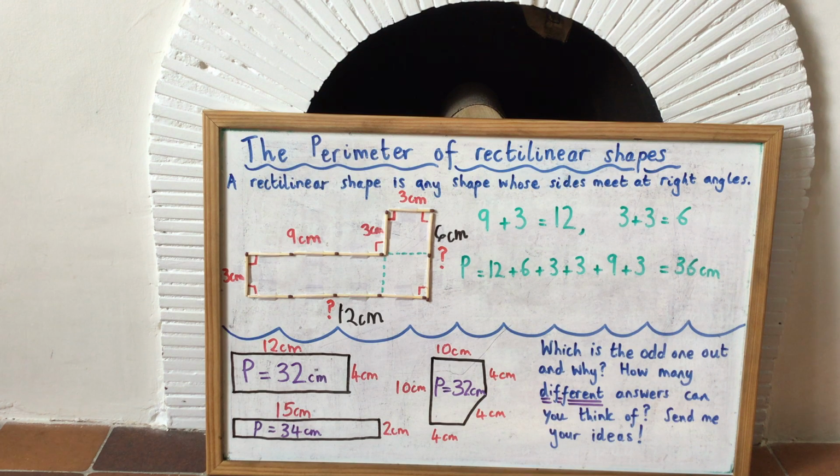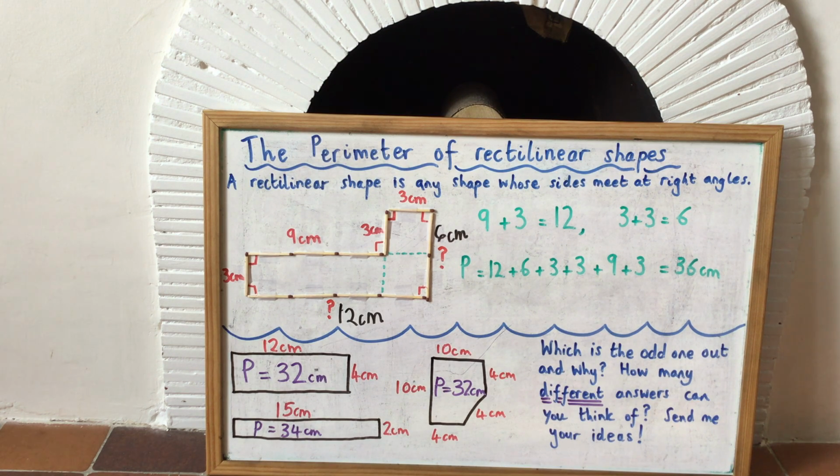Now there isn't one correct answer. There are lots of different answers that you could choose to say which one of these 3 shapes is the odd one out. So I want to know how many different answers you could come up with, and if you could send me your ideas as well as today's maths worksheet, that would be fantastic.